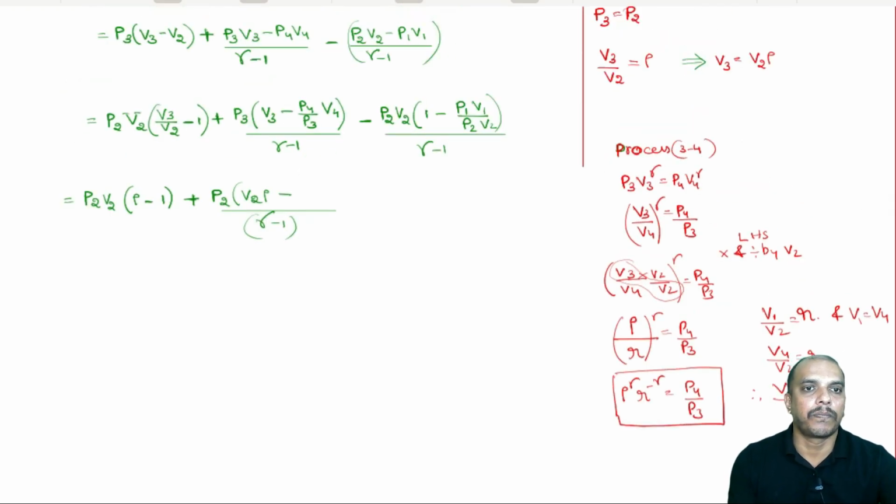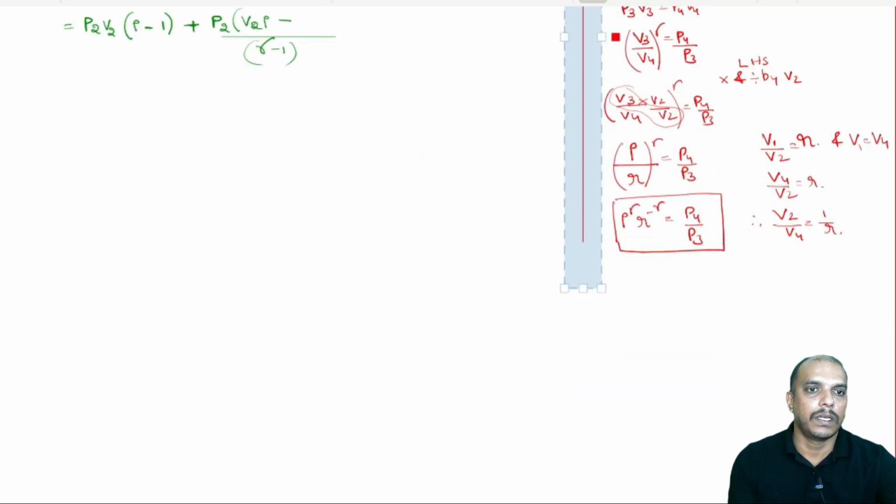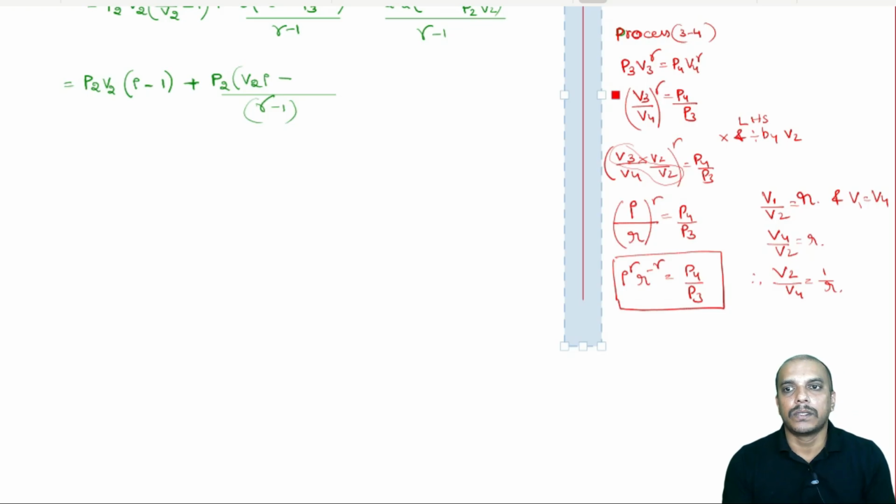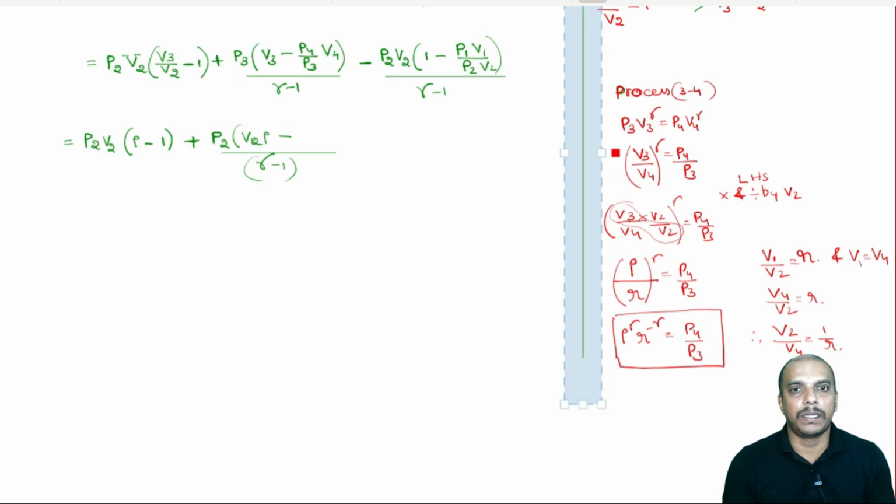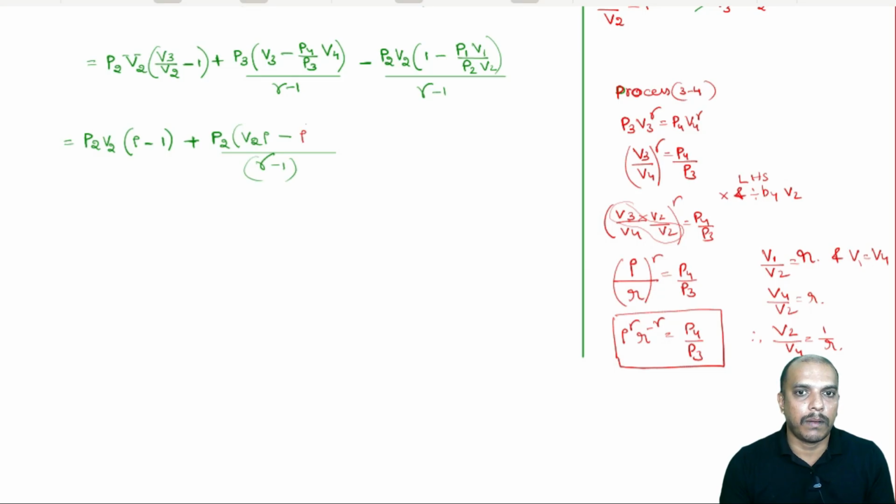This is just to get the equation in the required form. All right. So, I will come back here. In place of P4 by P3, I will write rho power gamma R power minus gamma. All right. Now, what is V4?